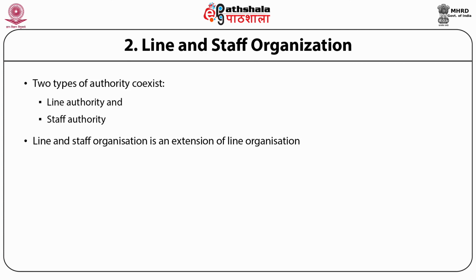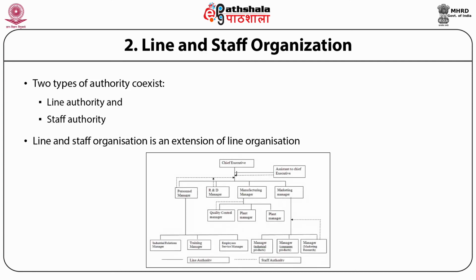Whether they will implement the advice of the staff specialist or not is at their discretion. Figure 5 below depicts the line and staff organization structure. Staff authority has been depicted by dotted lines. For example, we can see that the assistant to chief executive is a staff official. Line and staff organization structure is suitable for medium and large size organizations.